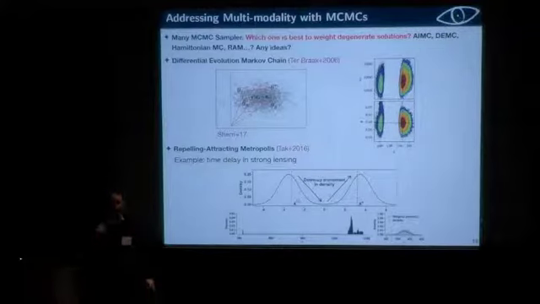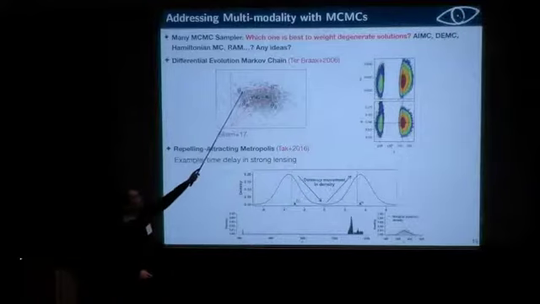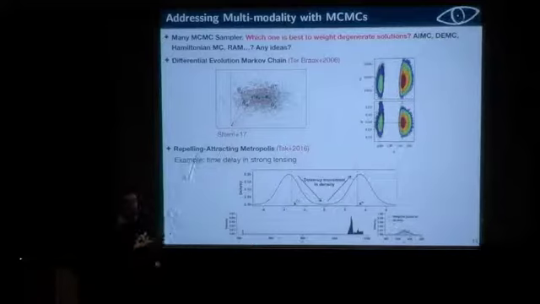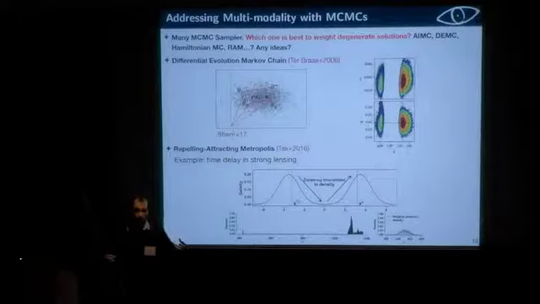I tested it, where the basic idea, if you don't know, is that from a location you build a proposal. You run many chains in parallel, and you use two randomly chosen chains to build a new proposal.